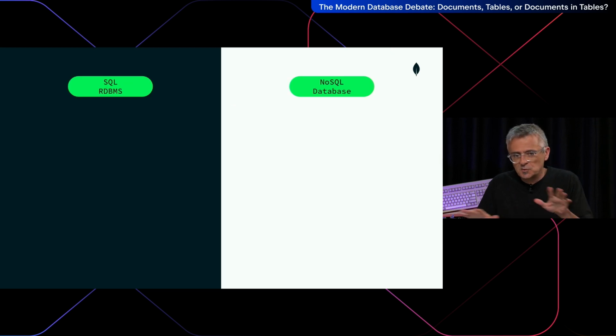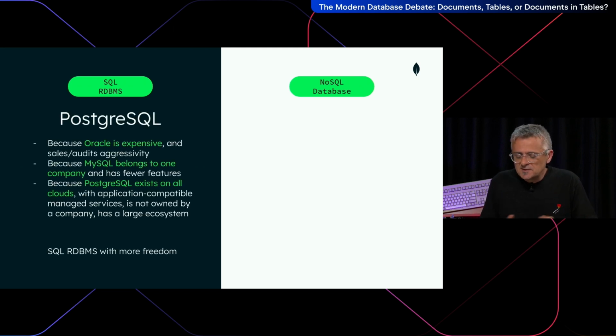And if we look at them, so why Postgres, the most popular RDBMS, relational database? One main reason is that it is open source, and a lot of people want to move in the opposite way of what they did with commercial databases, with Oracle or DB2, that are expensive.